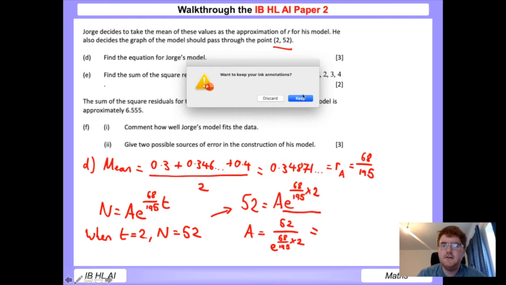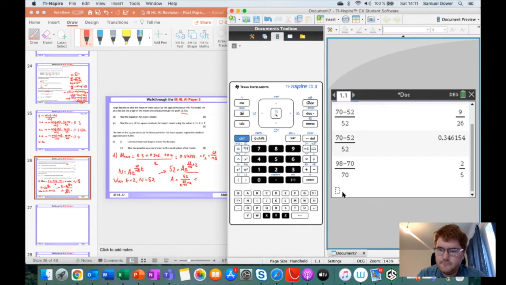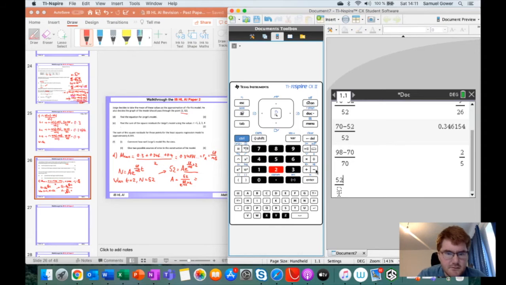Okay, so we're going to work this out on our calculator. So let's go back to here, because we're going to need an exact value for A later on. So we go to Control, we have 52 at the top, and we want to use e. e you can access using the pi button here.